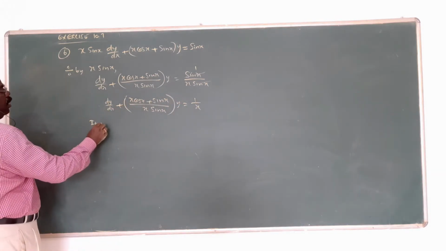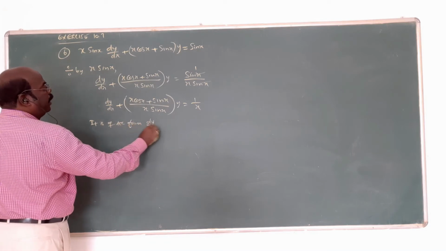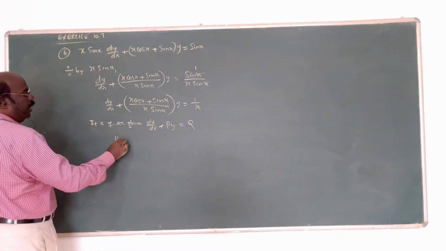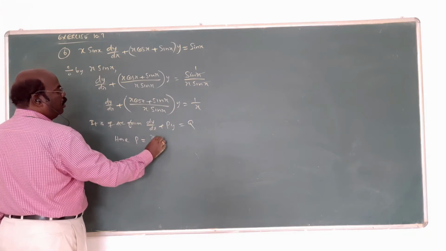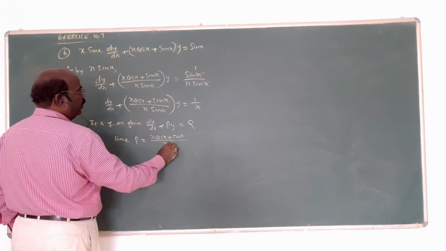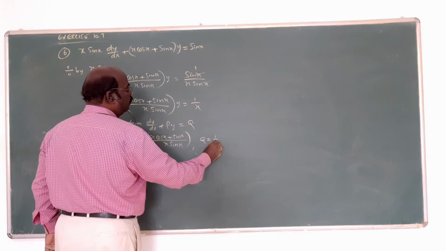Now it is also of the form dy by dx plus Py equal to Q. Here P equal to the coefficient of y, the whole term x cos x plus sin x divided by x sin x. Okay? Q equal to what? 1 by x.